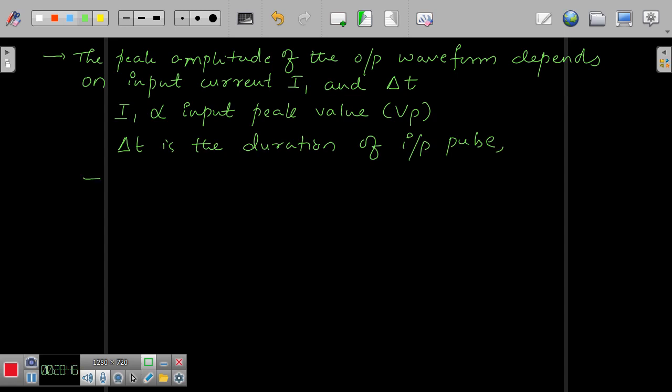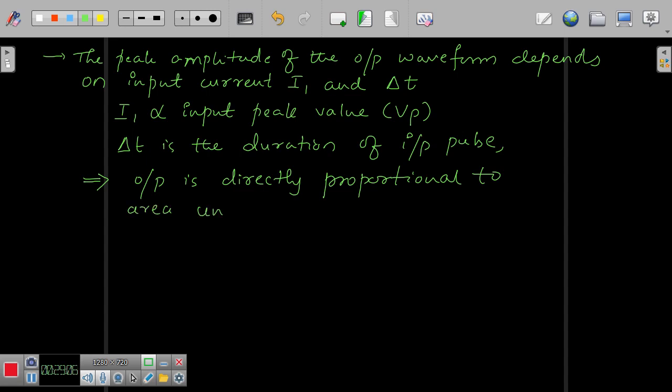So this leads in saying that the output is directly proportional to the area under each half cycle of the input, because this is from where we had started.